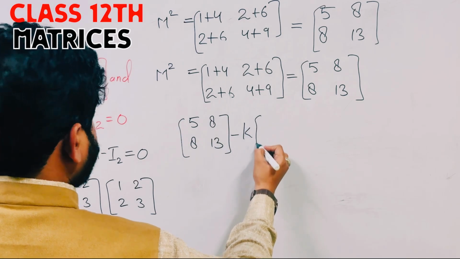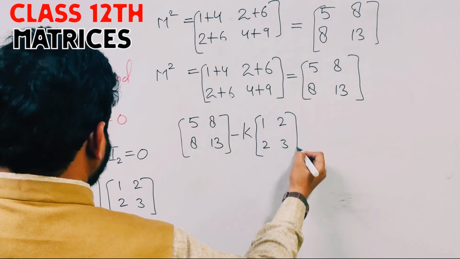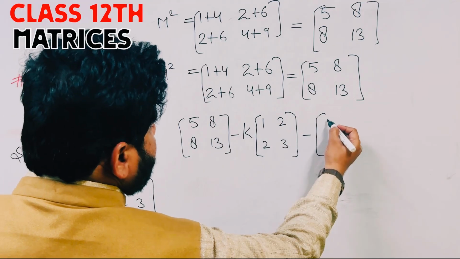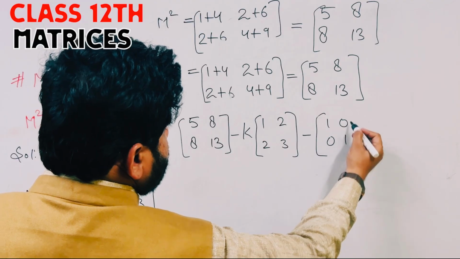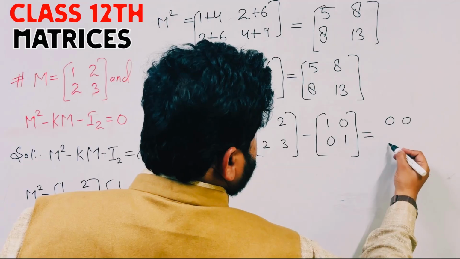minus k times [1, 2; 2, 3] minus the identity matrix [1, 0; 0, 1] is equal to [0, 0; 0, 0].